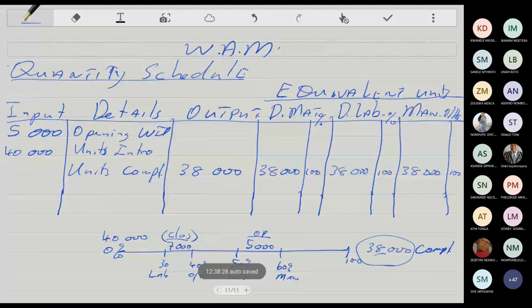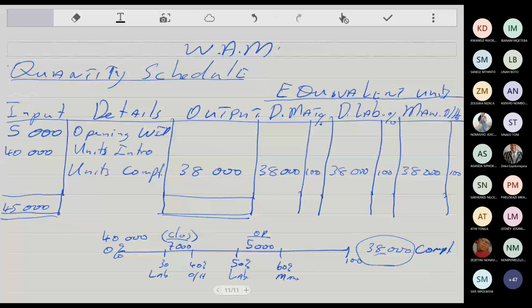Then the next units that we haven't reported. Let's add here, we've got a total of 45,000. We must have 45,000 also in the output. So we look at our closing work in process.